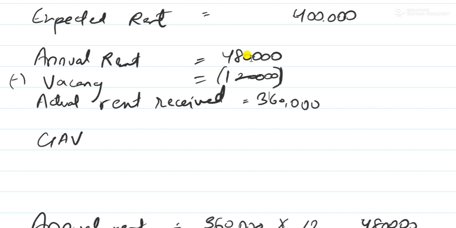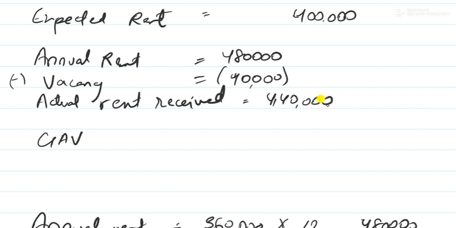Simple. Now suppose the vacancy was like 40,000, right? If the property was vacant only for 1 month, if the vacancy was 40,000, then the actual rent received would be 440, right?